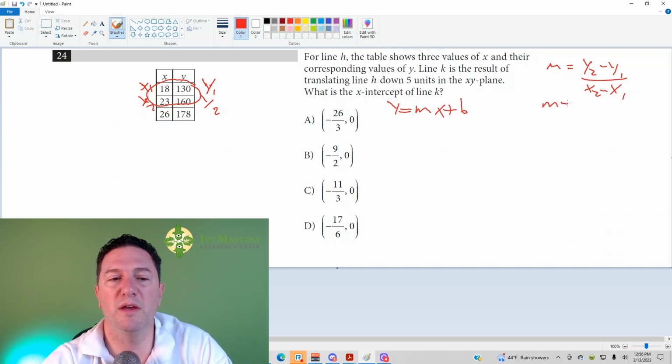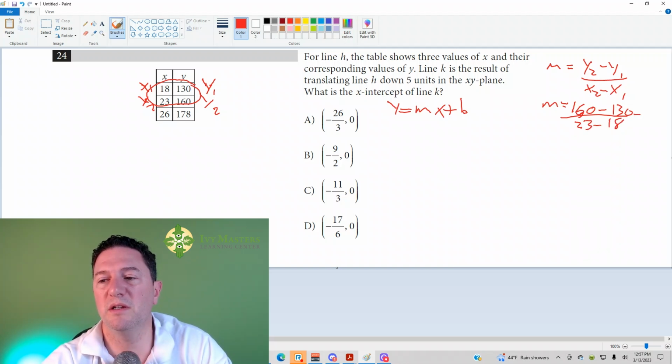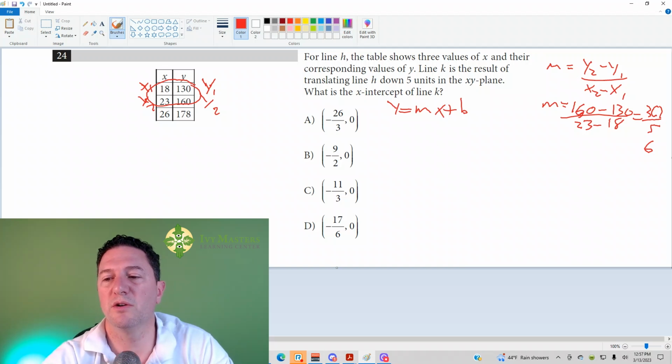So your slope is, what's your y2? It's 160. What's your y1? It's 130, over x2, which is 23, minus x1, which is 18, and you get 30 over 5. That reduces to 6. So your m, or your slope, is 6.